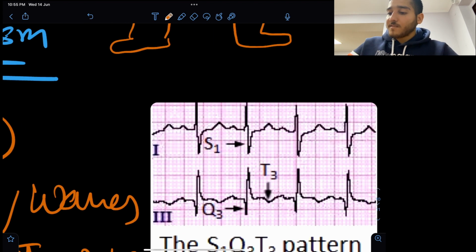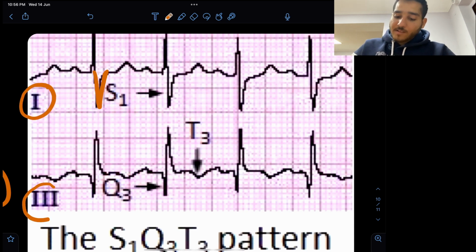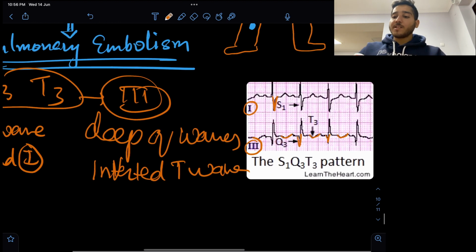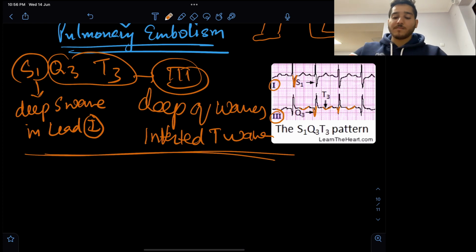Here, you can see in this ECG a deep S wave in lead 1, and in lead 3 we can see deep Q waves and an inverted T wave. There's T wave inversion. So this is the S1, Q3, T3 pattern which is seen in cases of pulmonary embolism.